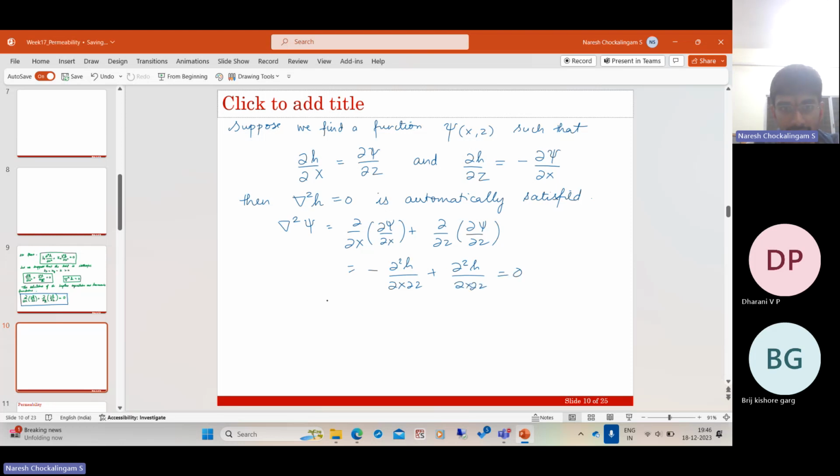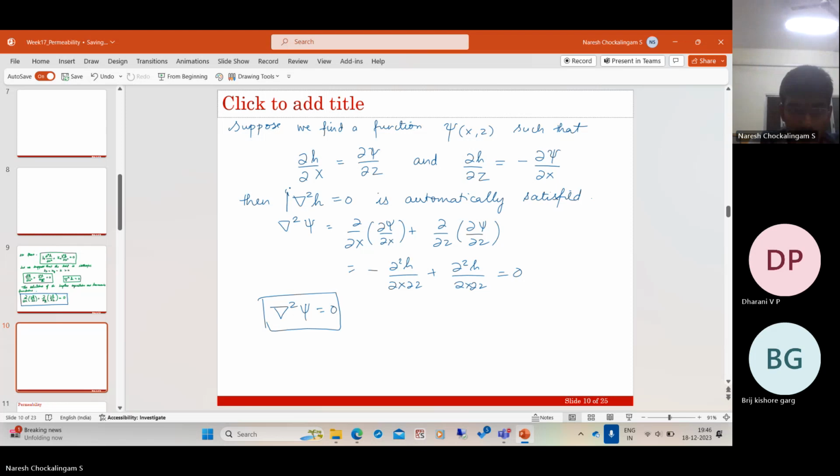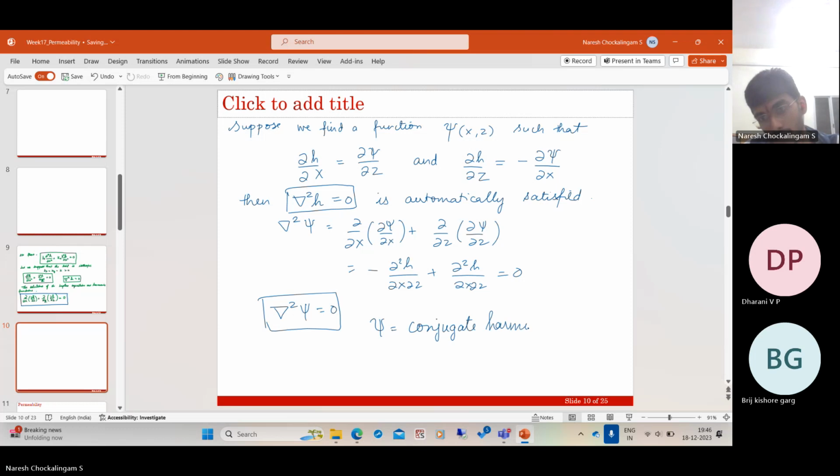This is also automatically satisfied. So del square psi is also equal to 0. Now, if there is a function which obeys these conditions, then psi is said to be the conjugate harmonic function of H. So H is called the potential function.